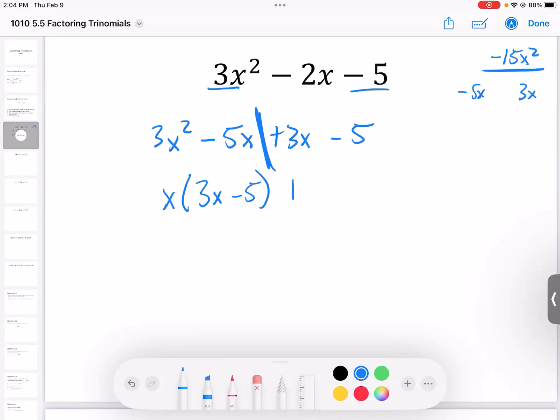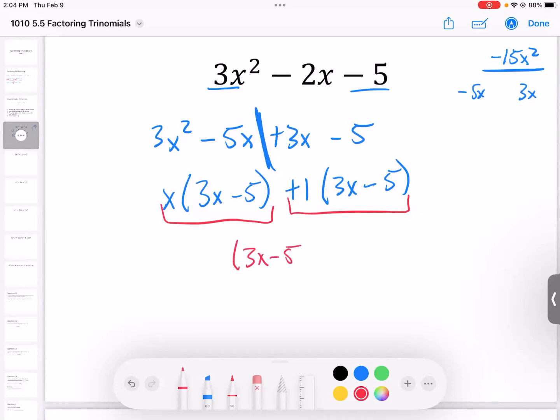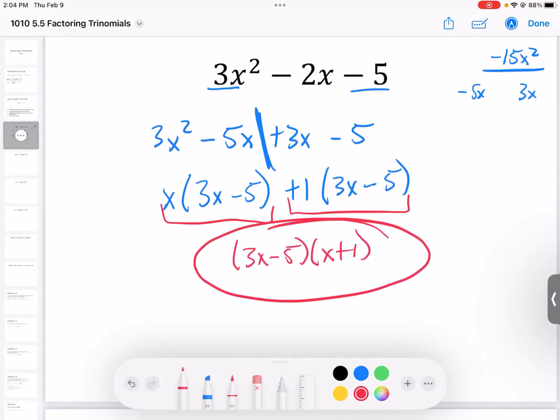And so we'll just write a plus 1. And when I factor out a 1 out of the 3x, you just get 3x, because 3x divided by 1 is 3x. Same thing with -5. And from these 2 terms, we have a common factor of 3x minus 5. So I'll factor that common factor out, and I end up with x plus 1. And this will be the factored version of this polynomial.